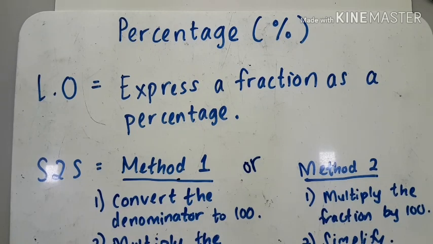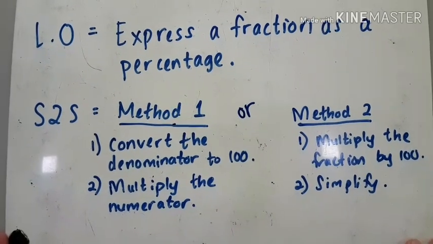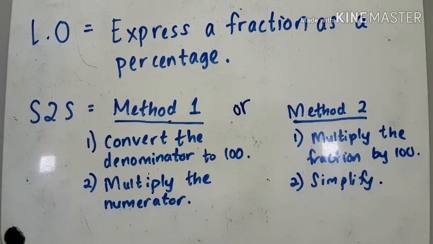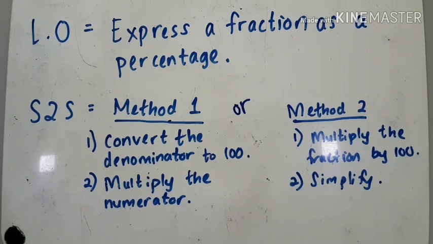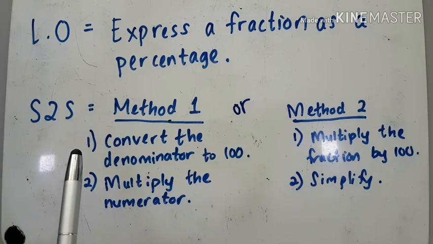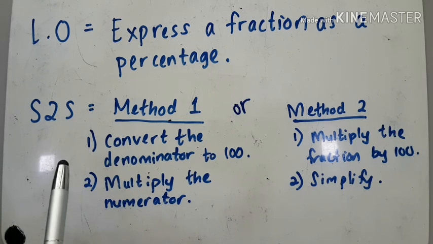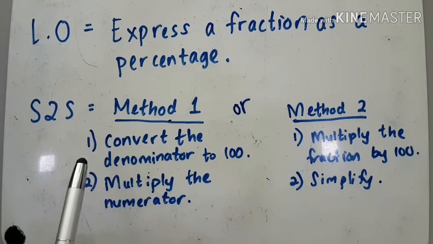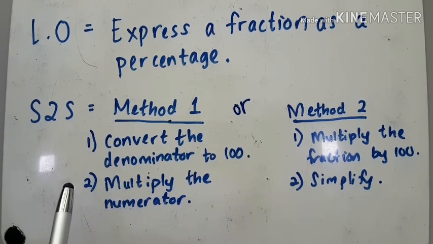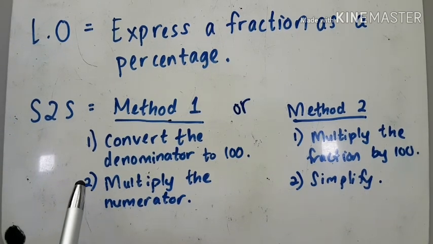Now, how to do that? So we need the S2S. Here, as you can see, we have two S2S, or two methods for you to do this successfully. So the first method is, most of the time you will be given a fraction, so the first one will be for you to convert the denominator of the fraction to 100, and then you multiply the numerator.